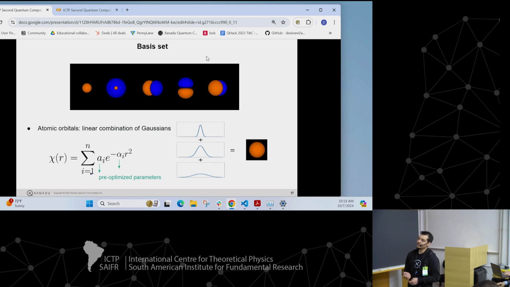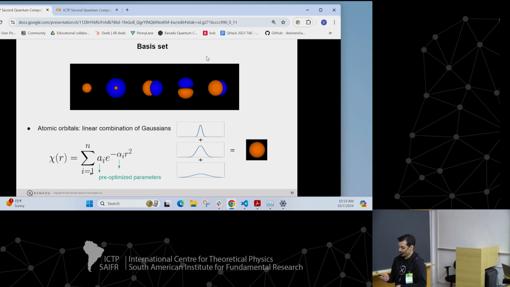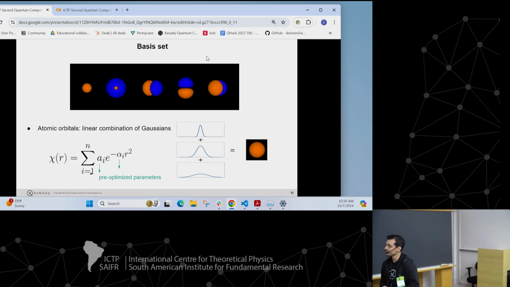The reason you do that is because Gaussians by themselves actually aren't very good descriptions of proper wave functions, but they do make computations much easier, and if you take a series of them, or a combination of them, you can actually get pretty close to the true characteristics of your wave function. In practice, what you would do is optimize these parameters for each given atom, and then out of those optimized parameters, create your linear superposition that approximates your wave function.